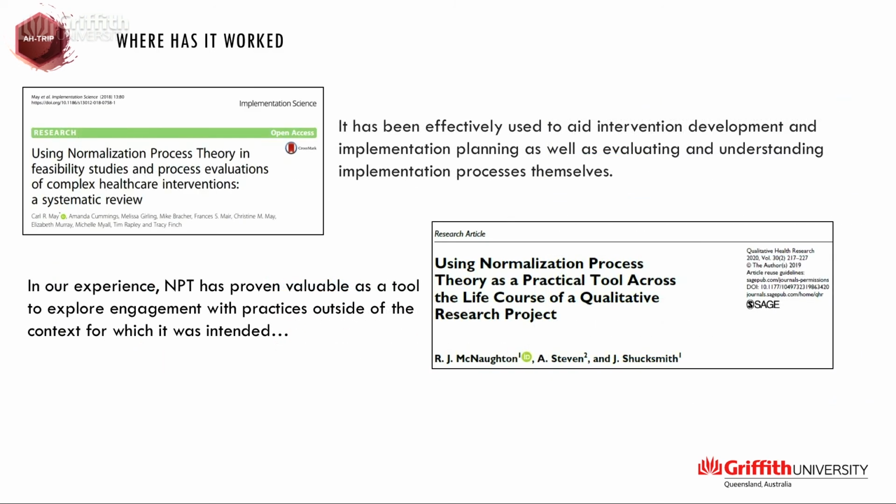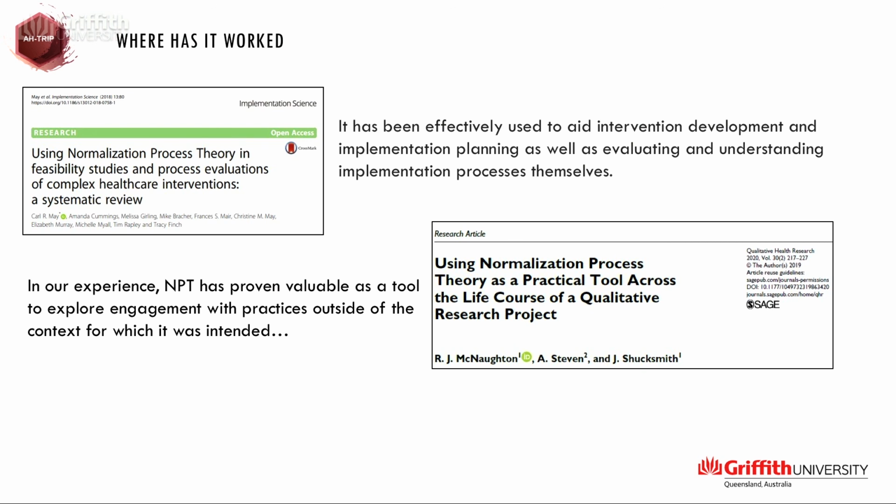Finally, where has it worked in the past? There's been a number of papers. Here's just a couple using normalization process theory in feasibility studies and process evaluations of complex healthcare interventions. Here, they suggest that it's been effectively used to aid intervention development and implementation planning, as well as evaluating and understanding implementation processes themselves. A recent article just this year in 2020 using normalization process theory as a practical tool across the life course of a qualitative research project.